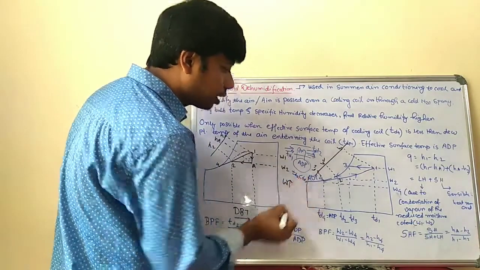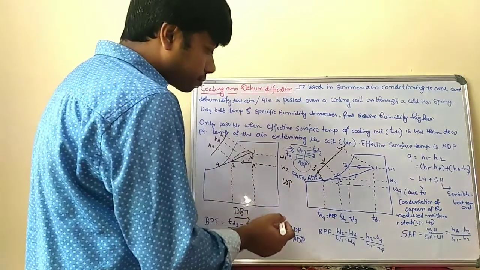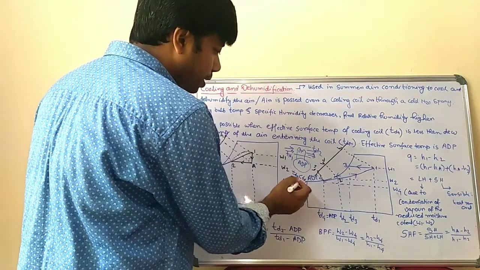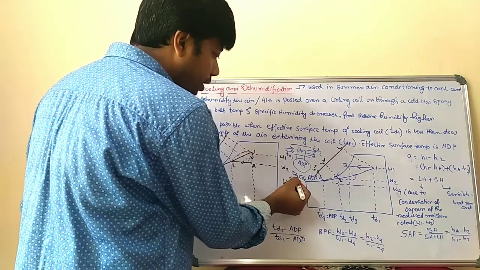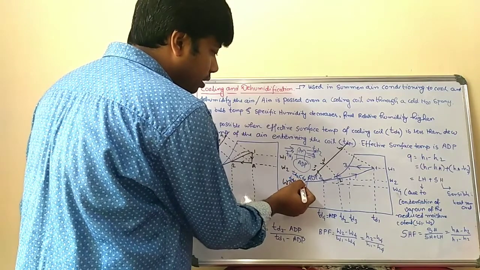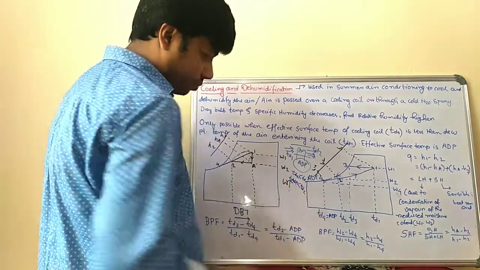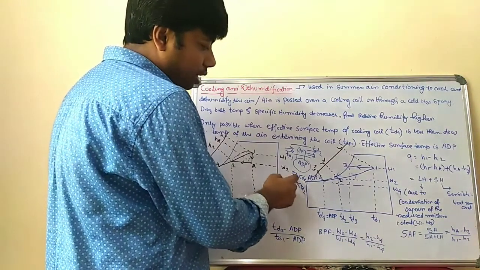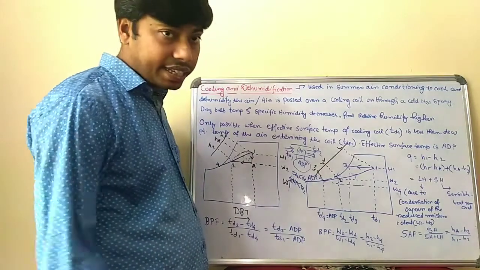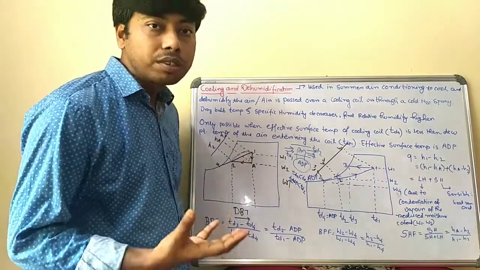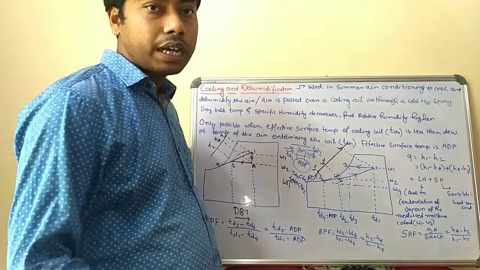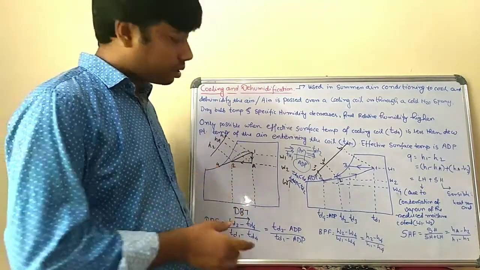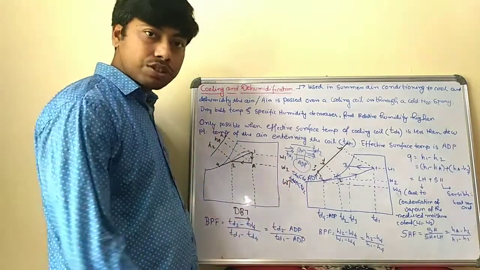And TADP, the apparatus dew point temperature of the cooling coil, should be less than TD2. If this condition is satisfied, only then can condensation form and moisture be removed from the air; otherwise not.